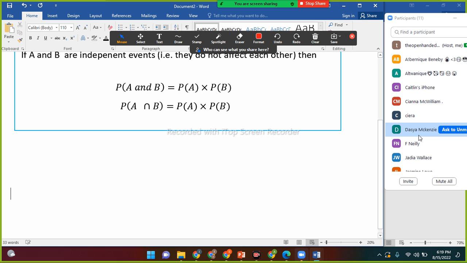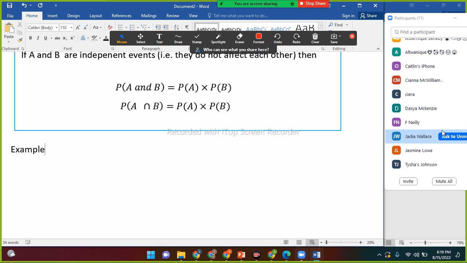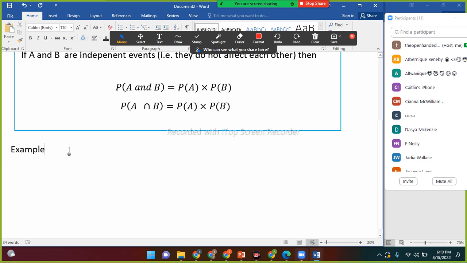So as an example. Our first example is going to be, let's say we have a bag.